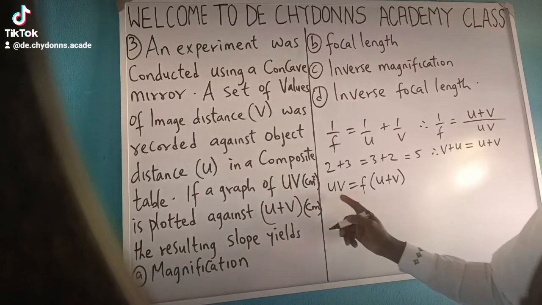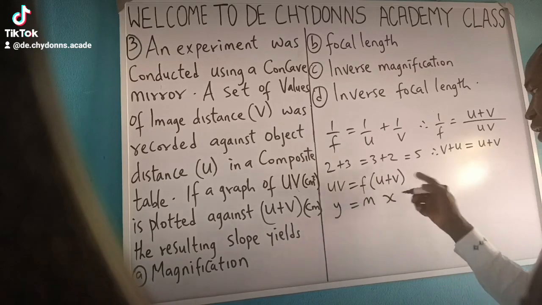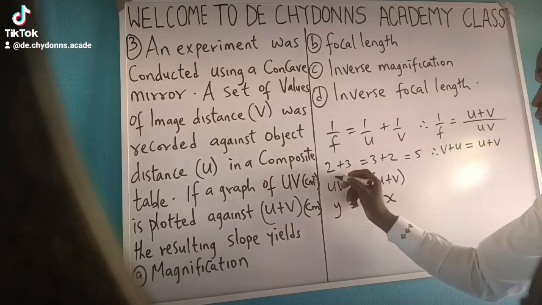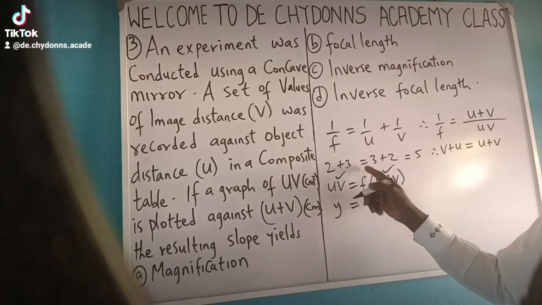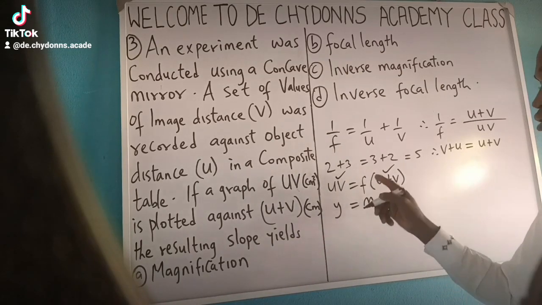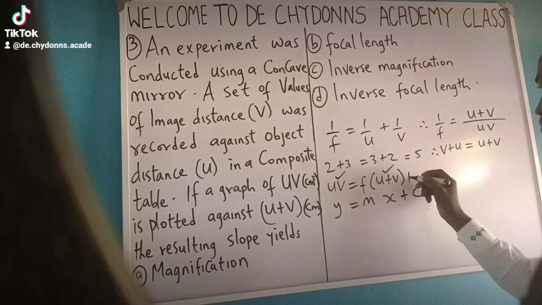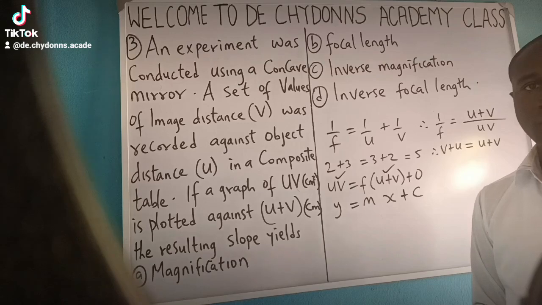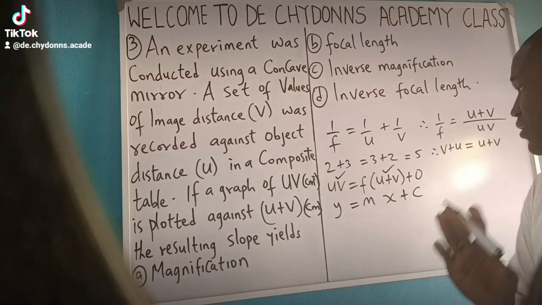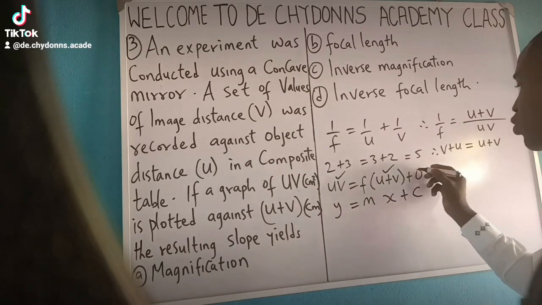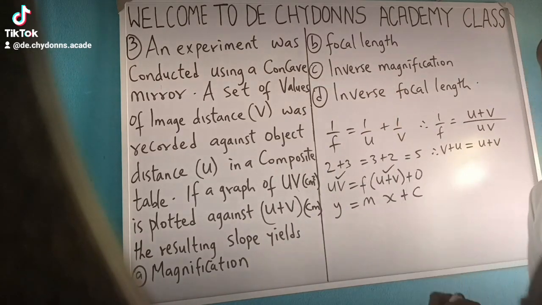That means when you plot a graph of uv against u plus v, m will be the slope, which is the focal length. Then the intercept is meant to be 0. If the experiment is conducted very well, correctly, you will see that it will not have an intercept. The graph will pass through the origin.